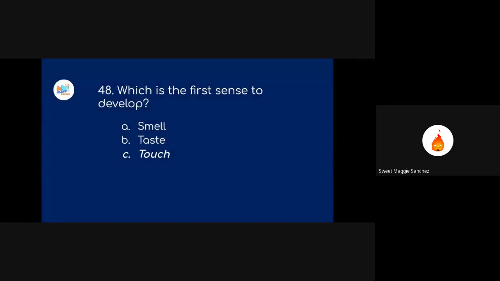Okay. Number 48. Which is the first sense to develop? The first sense to develop is of course touch. The sense of touch is the first access to the outside world. When you're born in the hospital and the baby feels the doctor, that's the first sense of touch.